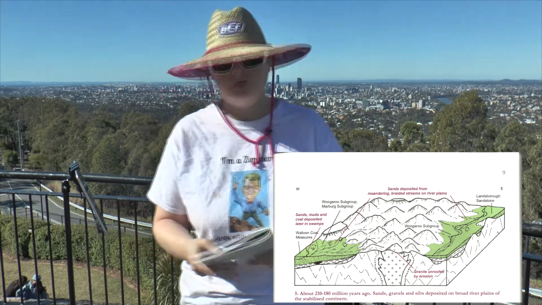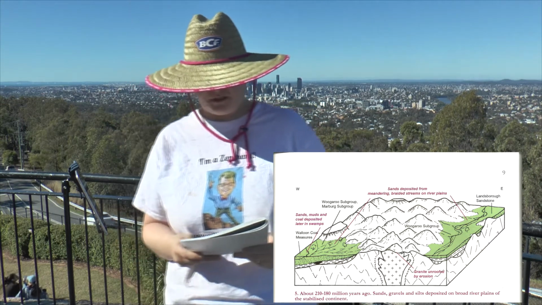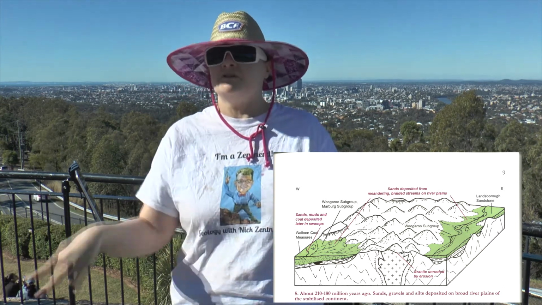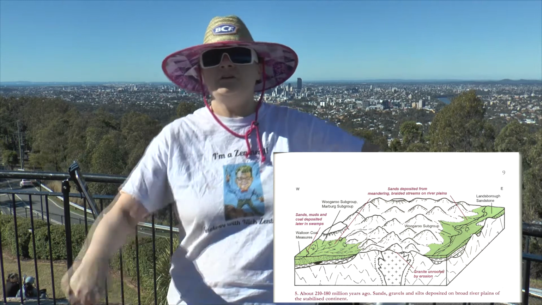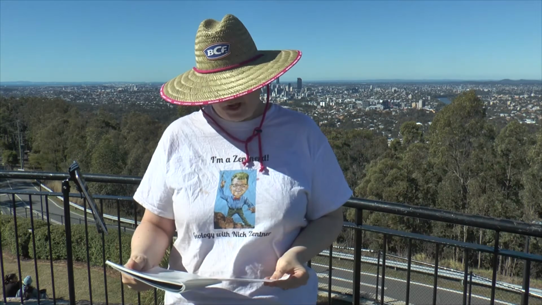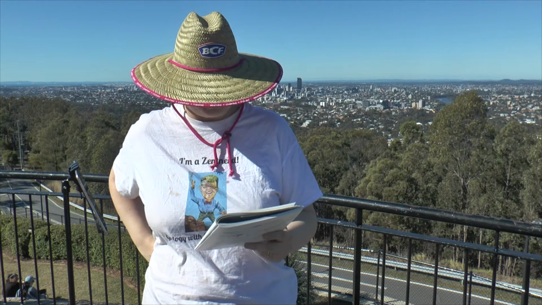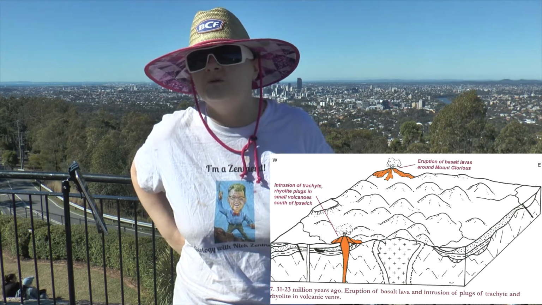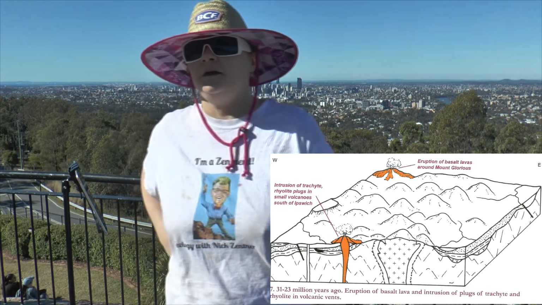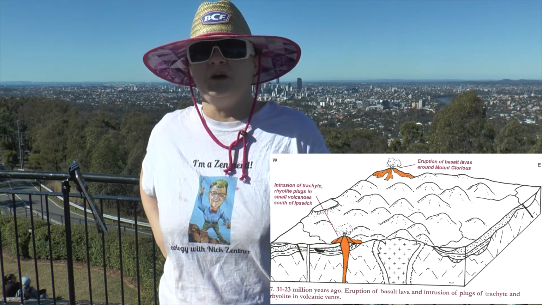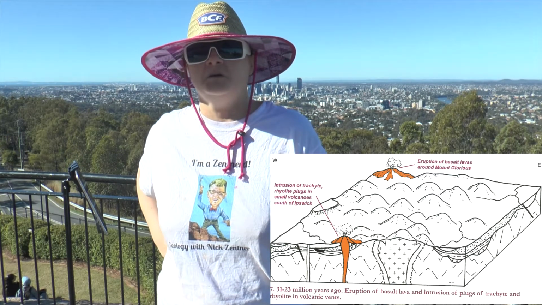Now, around about 210 to 180 million years ago, you got your erosion happening, and that's when this guy started to come to the surface. And then between 31 and 23 million years ago, Party Central, volcanically, because we passed over the Australian hotspot.